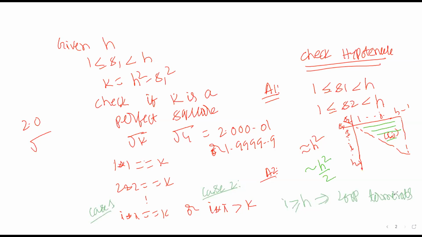Okay. So how many times do we iterate? This whole iteration count, worst case, iteration count is approximately h. Do you see the analysis of this problem? So how did we move from h square to h square by 2 to h?